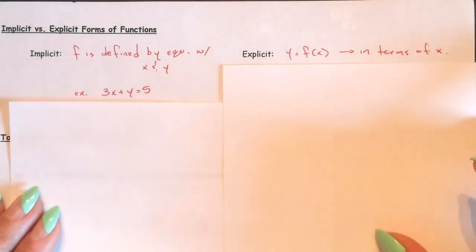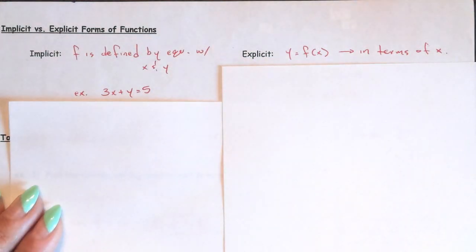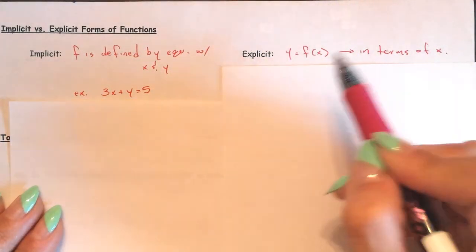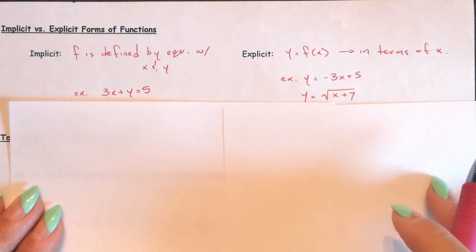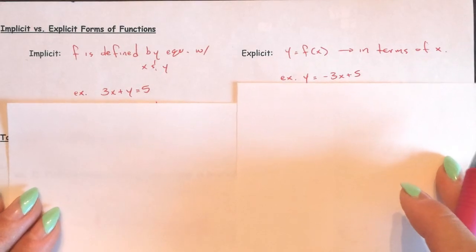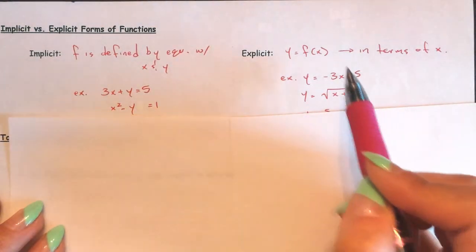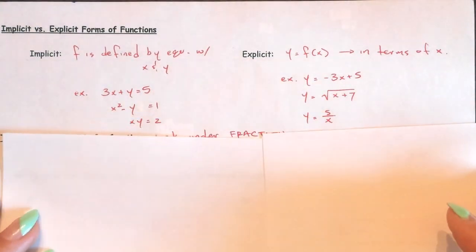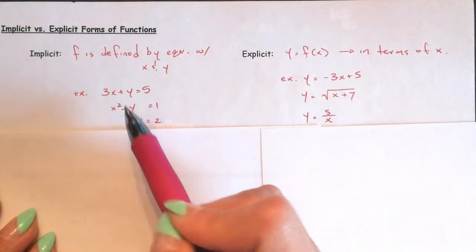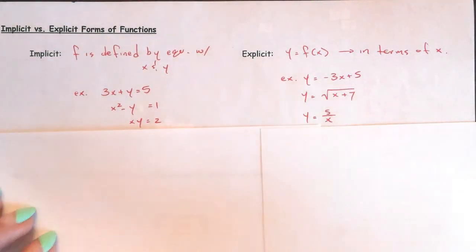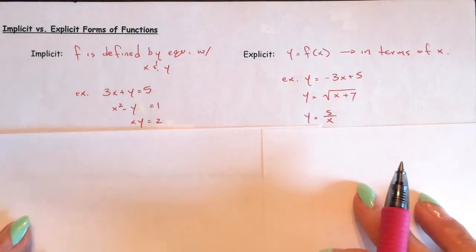So when you're being explicit, you're being very specific about things, and you're saying, I'm going to plug this in, and then I'm going to get a y at the end. So it'd be an equation like that, right? So y equals. These are implicit, these are explicit, these are all explicit, these are all implicit. See how the x, y's are on the same side? See how this is y equals. That's all it really is.